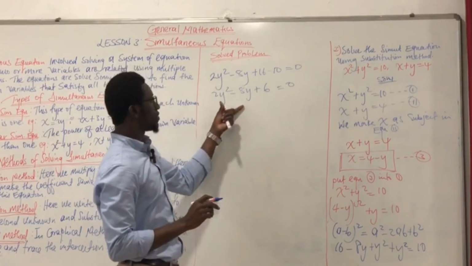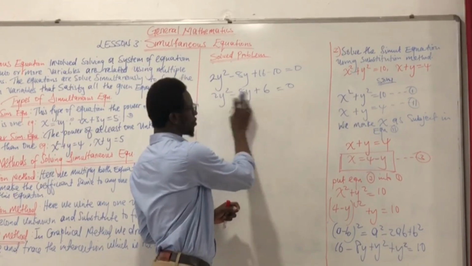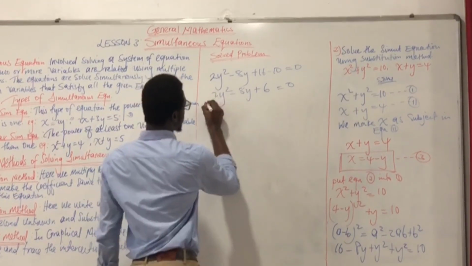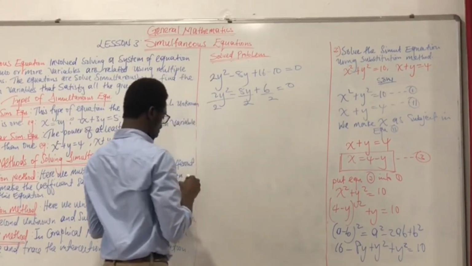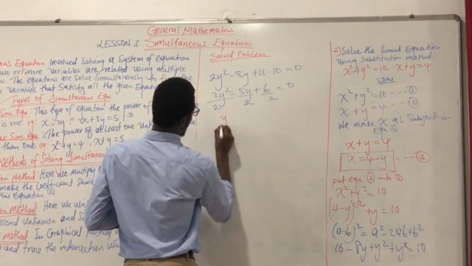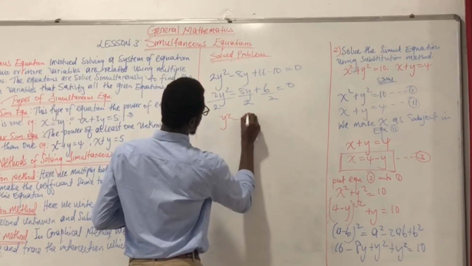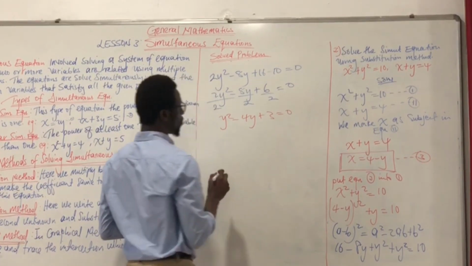So as you can see from this equation, all these numbers are divisible by 2. So we divide through by 2. So now we have y squared minus 4y plus 3 equals 0.